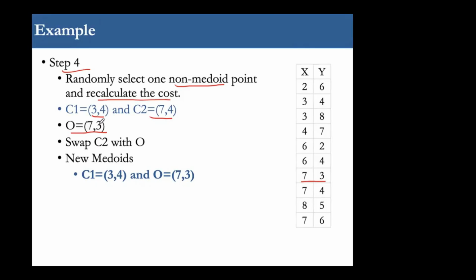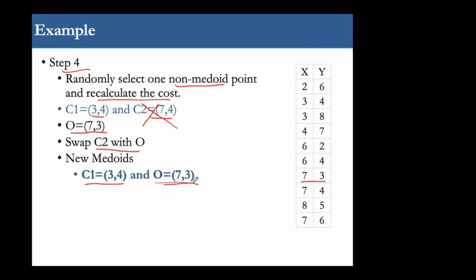Now for this as the cluster center, we need to recalculate the cost. To do this, I am swapping C2 with O. So instead of C2, I am replacing it with O. C1 is 3, 4, which is the cluster center or the medoid, and instead of cluster 2, I am mentioning O, which is the center 7, 3.